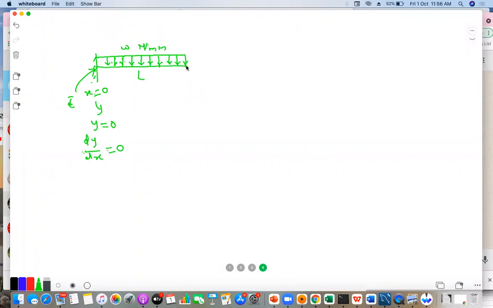I also know that at the rightmost corner, now if I draw the SFD of this cantilever beam, it will be like this, right? Here I have shear force equal to 0 at the rightmost corner, and here I have shear force equal to W into L. This is shear force diagram.